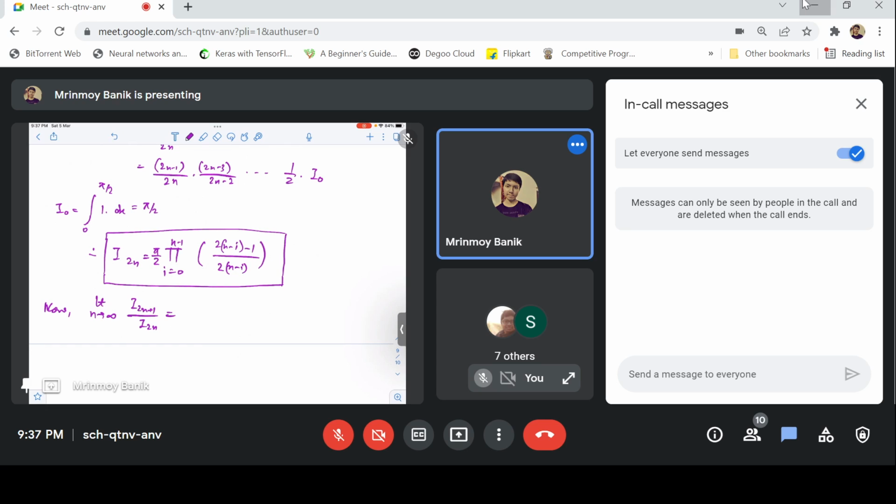So this implies 1 is less than or equal to I_{n-1}/I_n, and I_{n-1}/I_n is equal to (n+1)/n, which implies, inverting it, I_n/I_{n-1} is (n/(n+1)), which implies (n+1)/n is greater than or equal to n/(n+1).